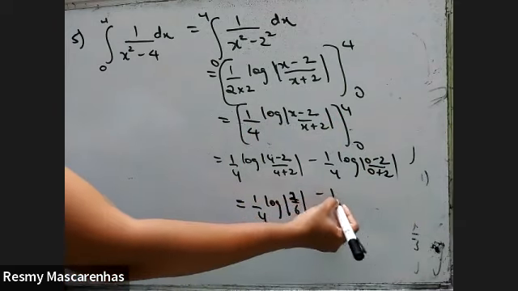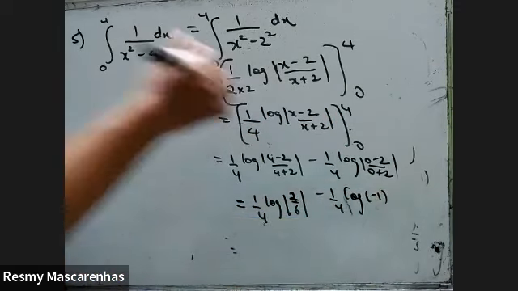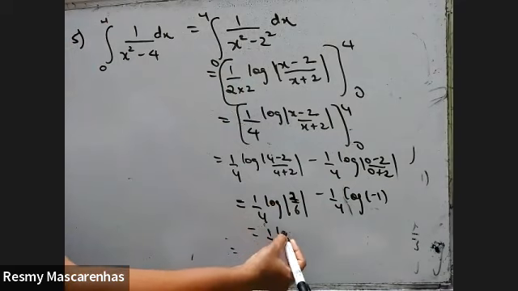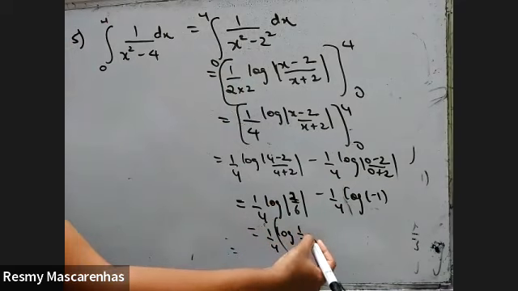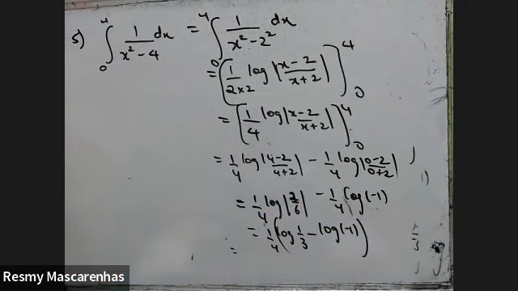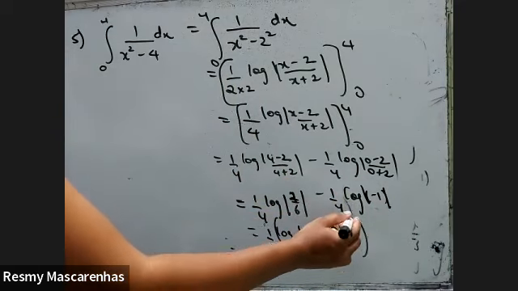This is 2 by 6 log of 1 by 4. You can take out common. There is a modulus sign, no? So -1 also, I can take as +1.